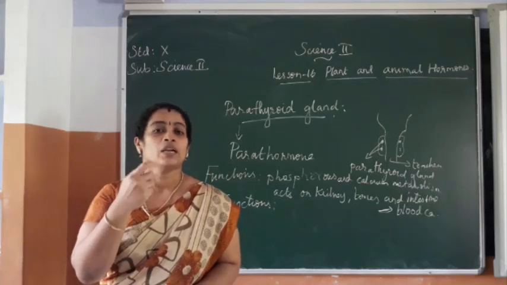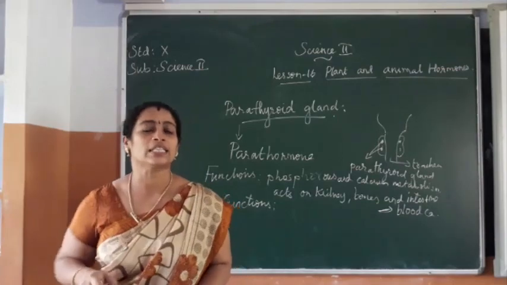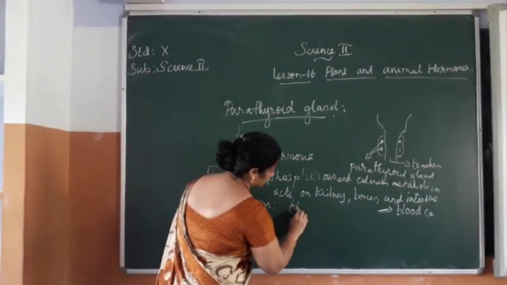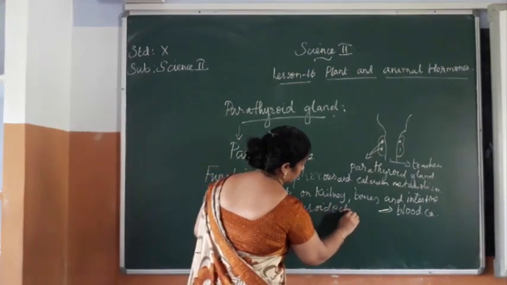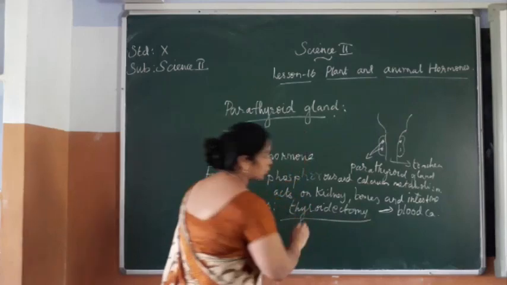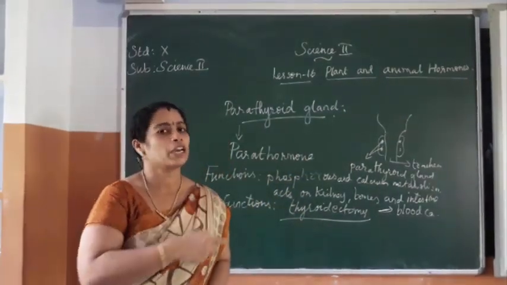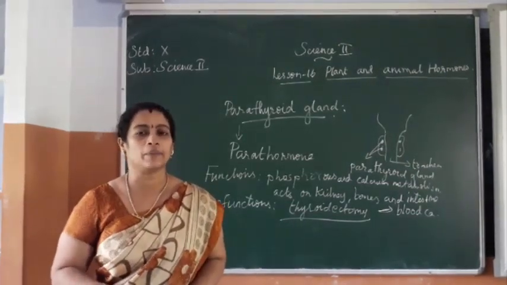In some cases the removal of the thyroid gland takes place, and that is known as thyroidectomy. Along with the thyroid gland, the parathyroid gland also will be removed. So in these cases, it causes some dysfunctioning.